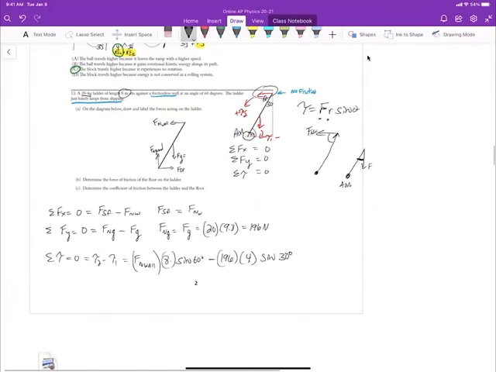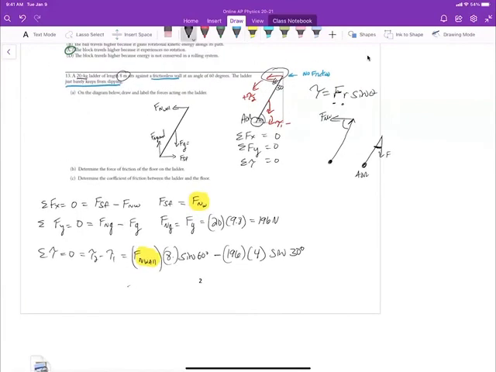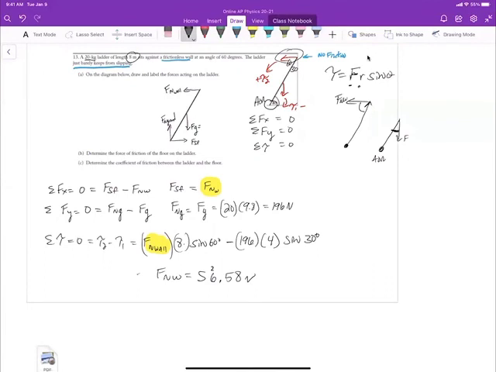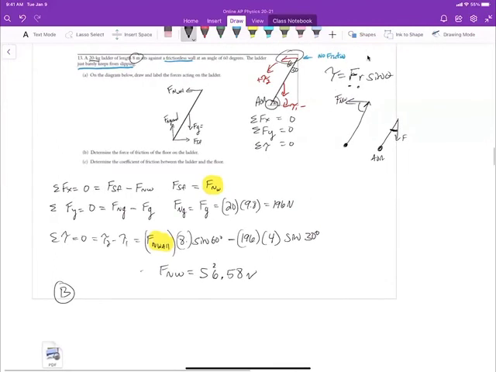Then I can solve for force normal of the wall because it's the only unknown in this equation. And if I know that, I know what I'm looking for in B. Force normal of the wall, if you rearrange all of that, you will get approximately 56.58 newtons. So B is 56.58 newtons.